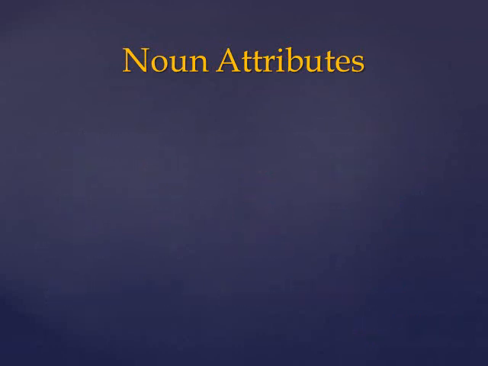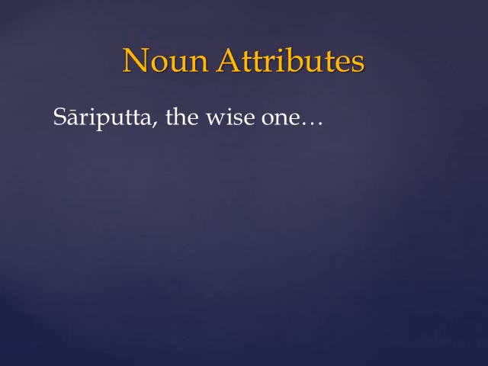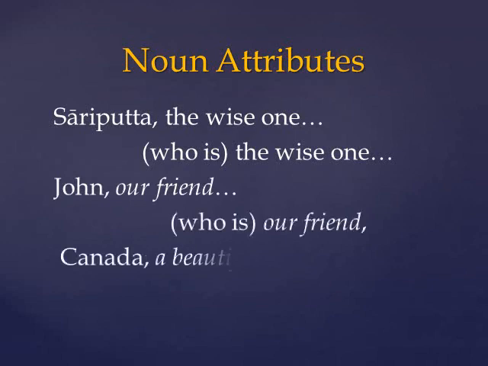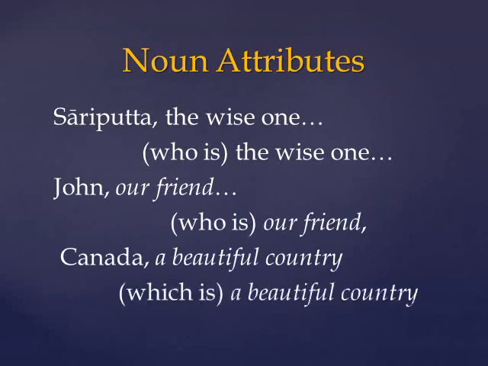Now you may have noticed that apposition is very similar to the equational sentence. So when we say Sariputta the wise one, there's an implied is, Sariputta, who is the wise one. And if we take our other examples, John, our friend, what we mean is John, who is our friend, and Canada, a beautiful country, we mean Canada, which is a beautiful country.